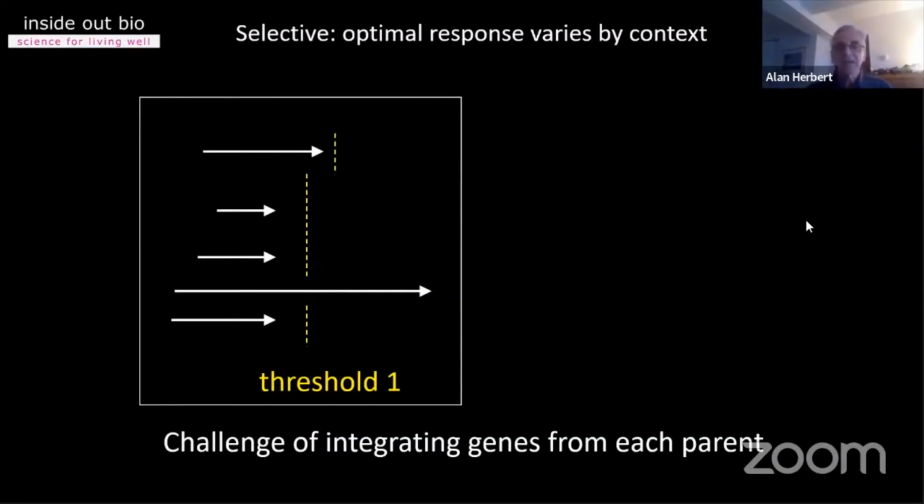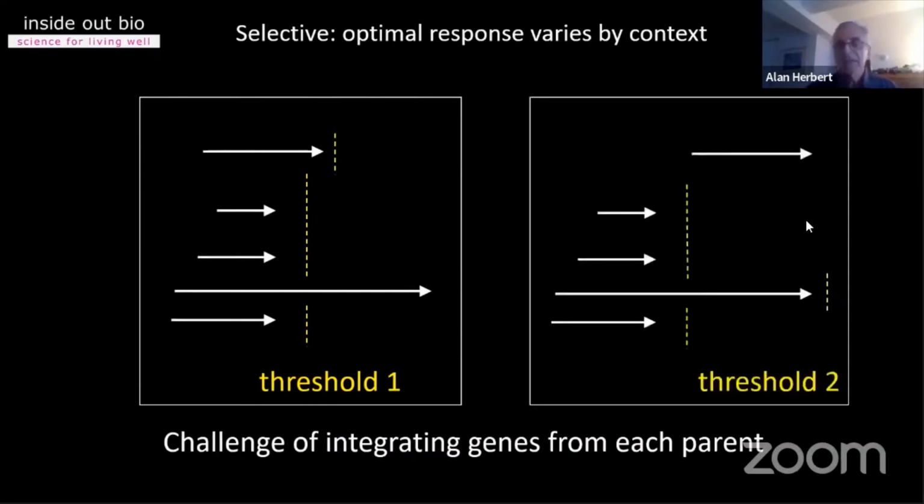And so you can't let one parent dominate the other parent because of the potential issues of incompatibility between the gene products. And you can just kill the organism, the embryo, at a very early stage. So you need to be able to select which of those RNAs get generated and which of those get expressed as proteins. And you can change the threshold depending on the context as well.